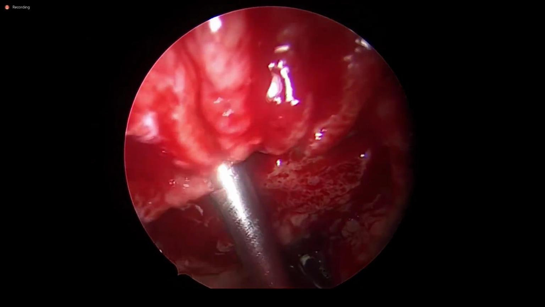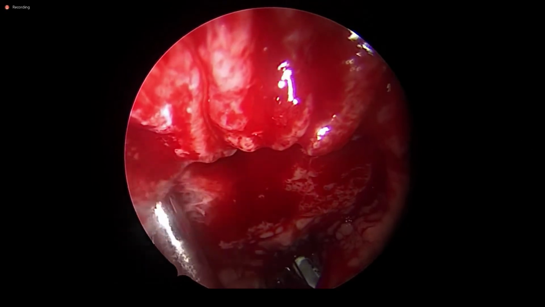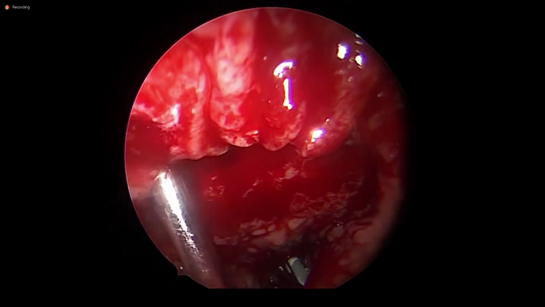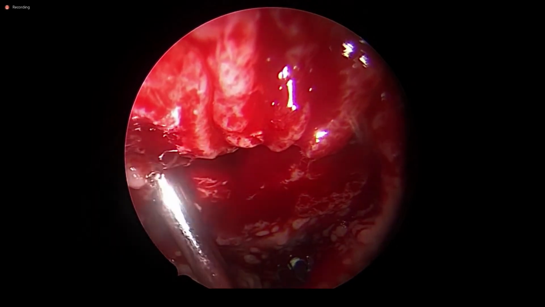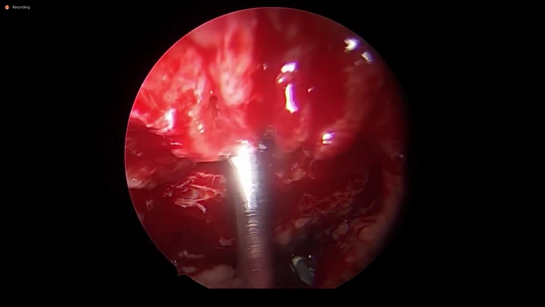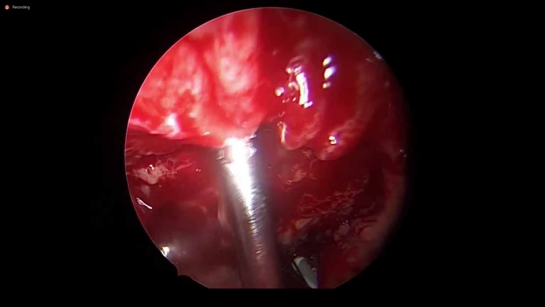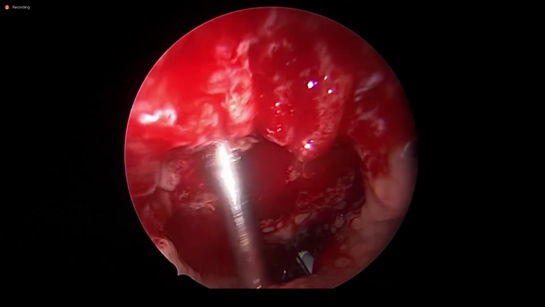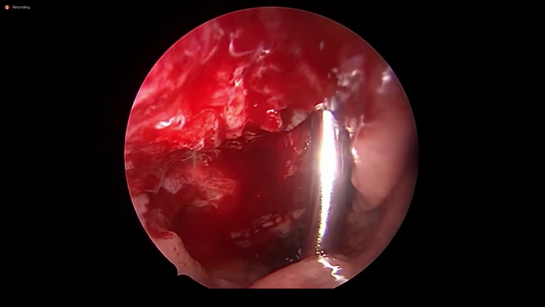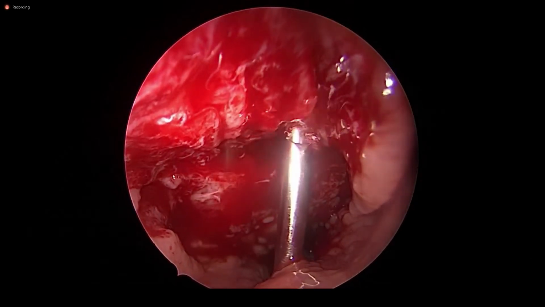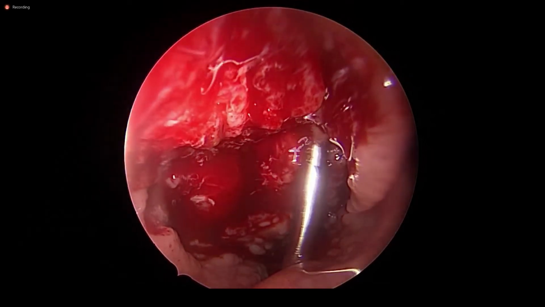Can you see? Yes, sir. See, all these adenoids are coming so easily, coming into the blade. This is in the midline. I am seeing so much adenoid even after the first phase, which was looking like complete removal as far as the airway obstruction was concerned.